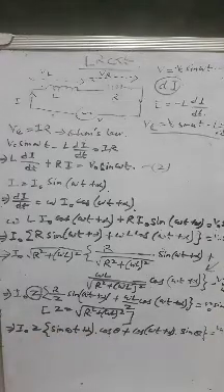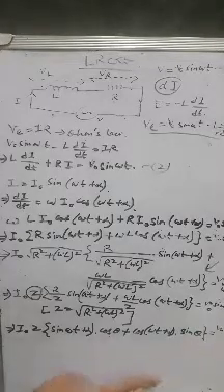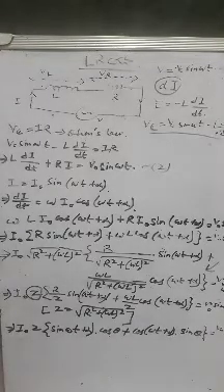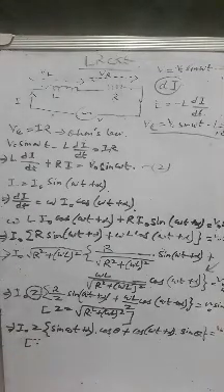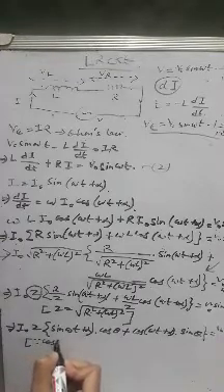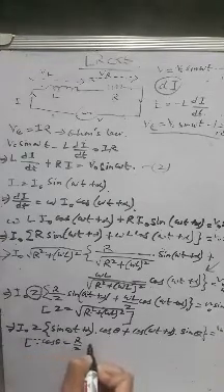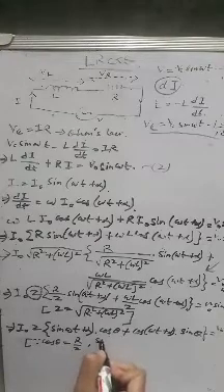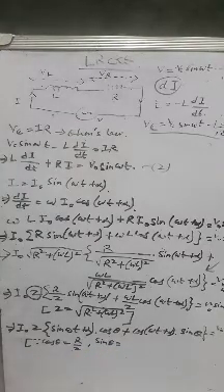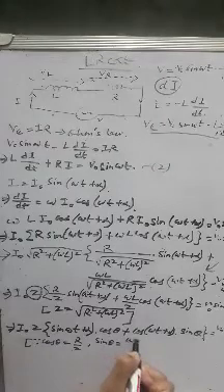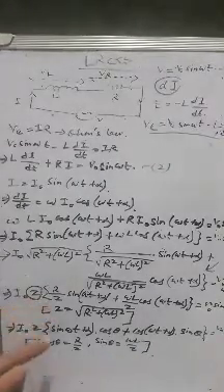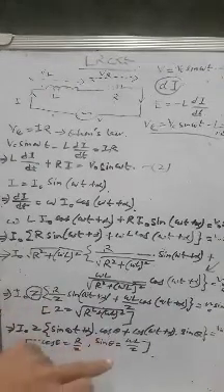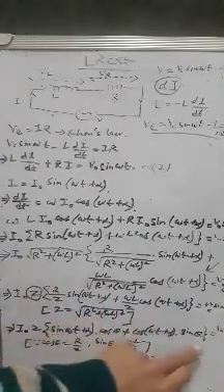So what I did students, I've taken cos theta and sine theta. How is it coming? See in the bracket, cos theta equals R by Z and sine theta equals omega L by Z. That means instead of writing R by Z, I am using cos theta, and instead of writing omega L by Z, I am using sine theta.